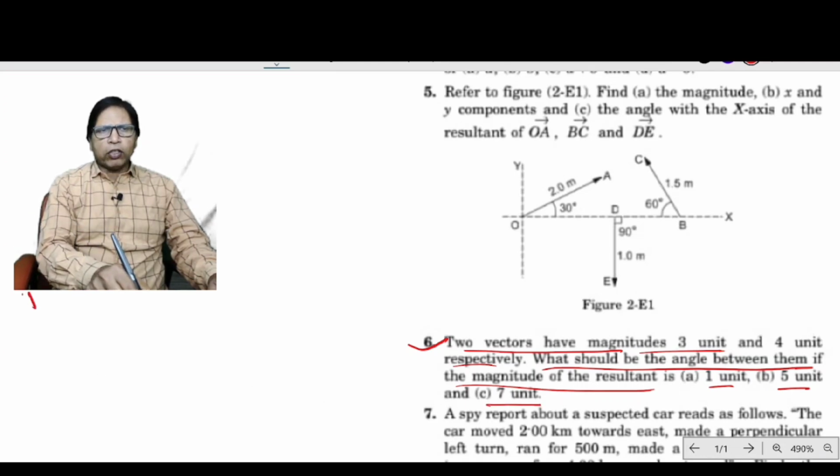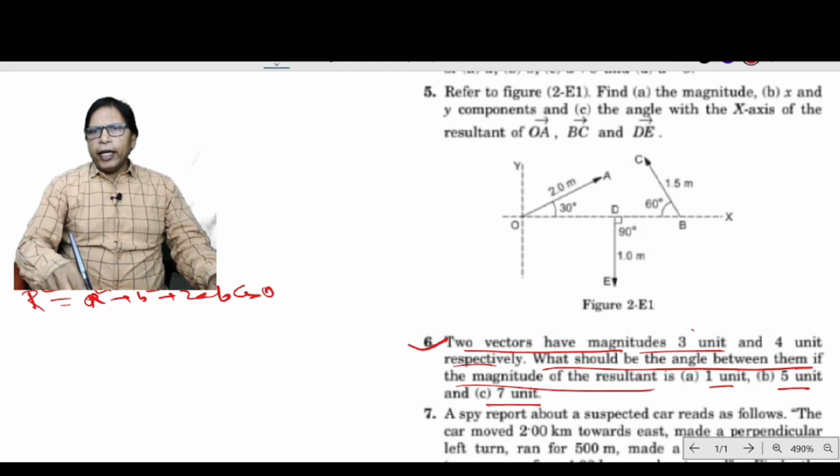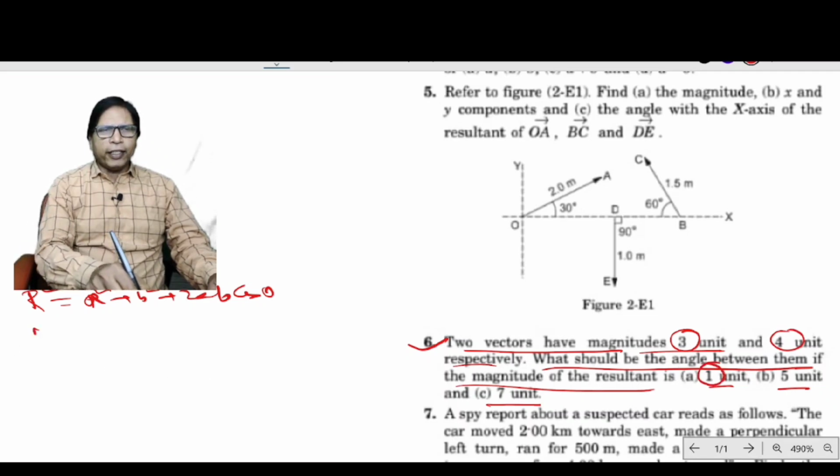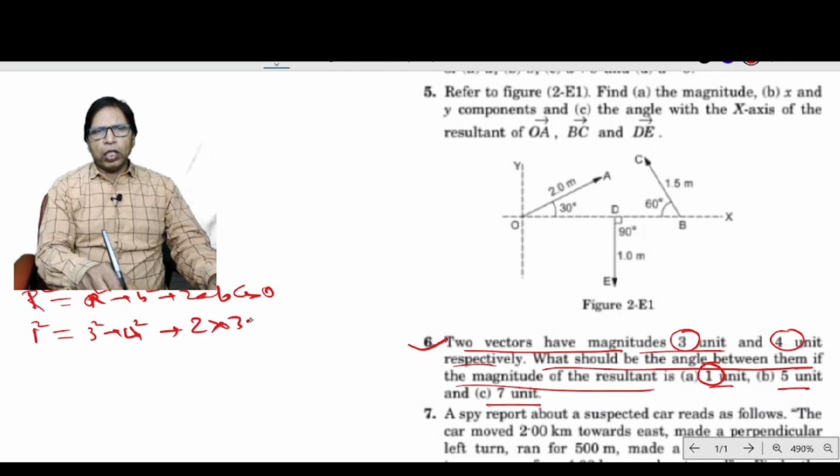Now you know R square equals A square plus B square plus 2AB cos theta. Here A equals 3, B equals 4 and resultant R is equal to 1. So 1 square equals 3 square plus 4 square plus 2 into 3 into 4 into cos theta. So 1 minus 9 minus 16 equals 24 cos theta.